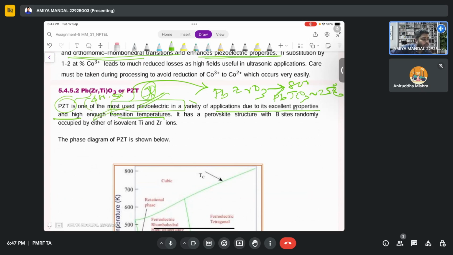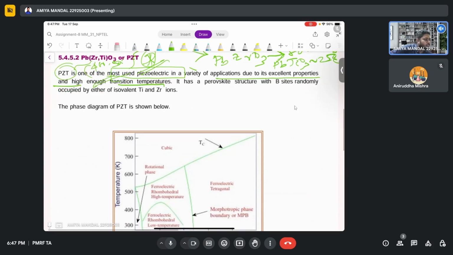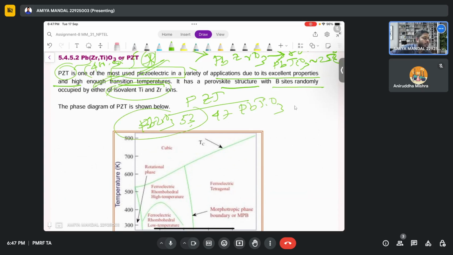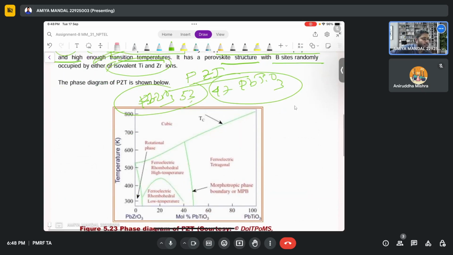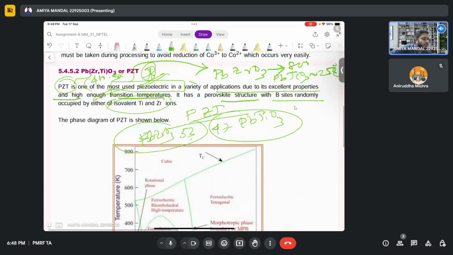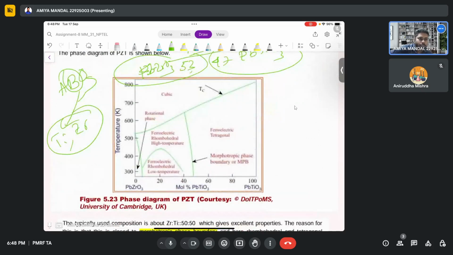It has a perovskite structure, with the B site randomly occupied by either titanium or zirconium. So PZT is nothing but 53 or 47 percent of lead zirconate or lead titanate, where in the ABO3 structure the B site is occupied by titanium and zirconium.